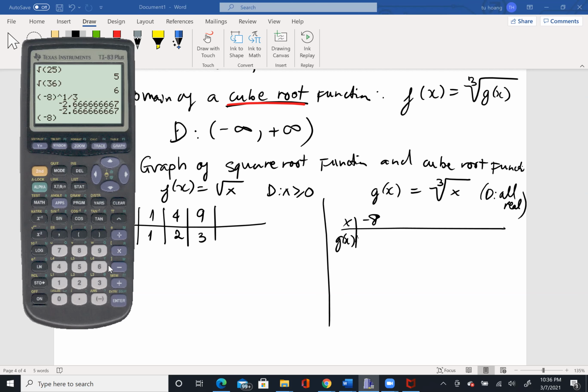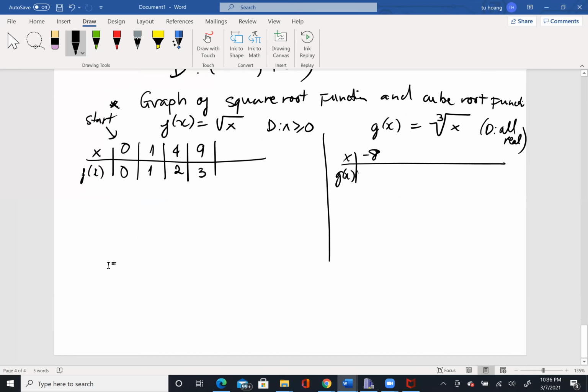I also should have a note. Let's say a: the square root of a, if you rewrite it in power form, is a to the power 1/2. The cube root of a can be rewritten as a to the power 1/3.